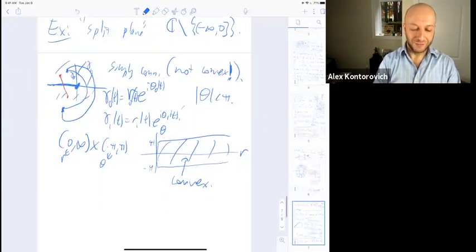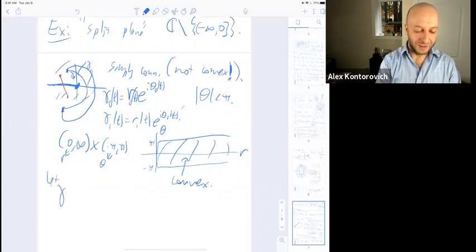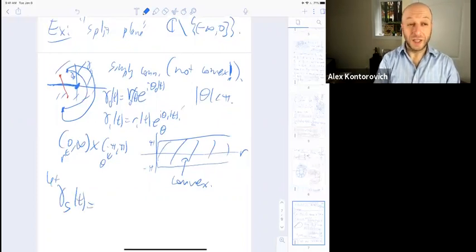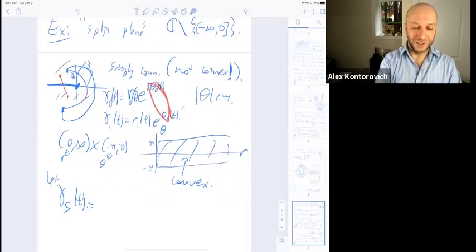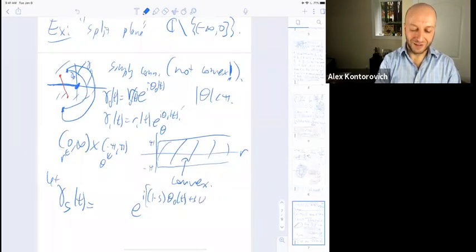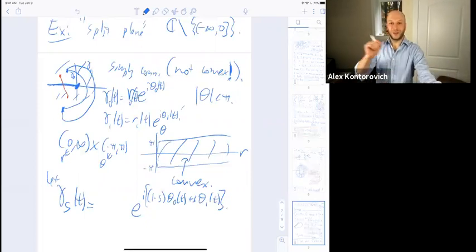So you could take something like gamma 0, so let gamma s of t be a convex combination of these things. It's clear what to do in the argument: e to the i times (1 minus s) theta 0 of t plus s theta 1 of t. That will definitely interpolate the argument.